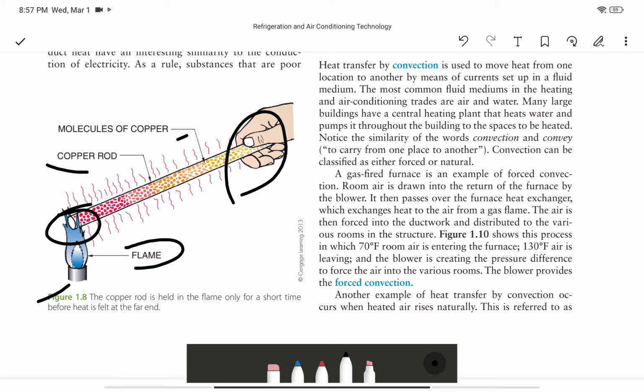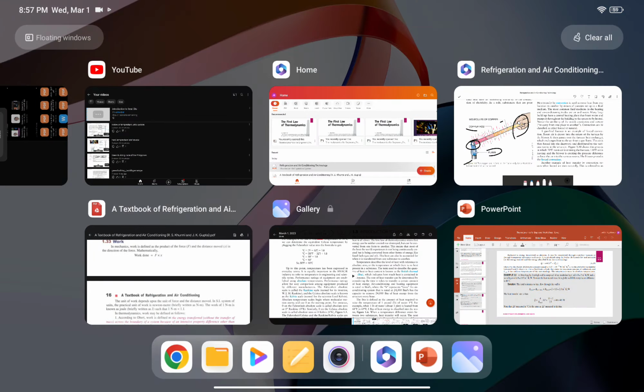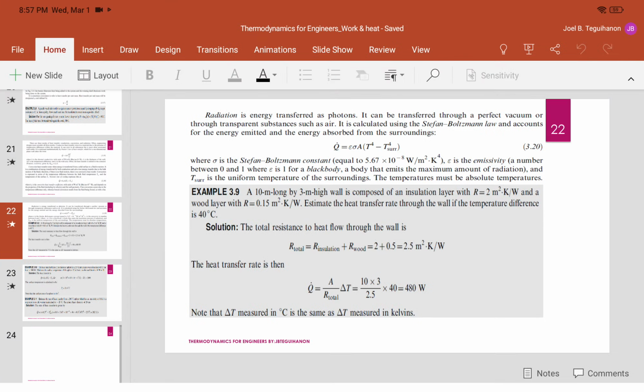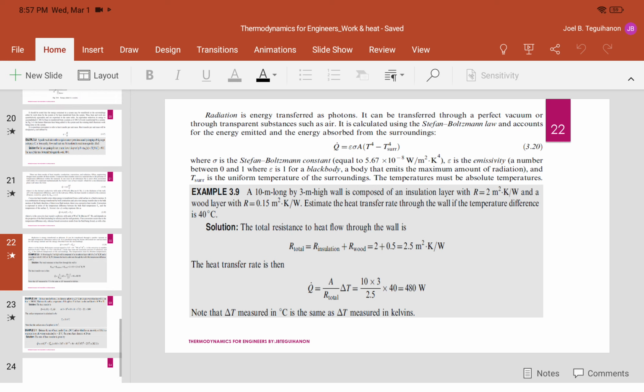And that is heat transfer by conduction. Now let's switch to the other presentation to show the formula.